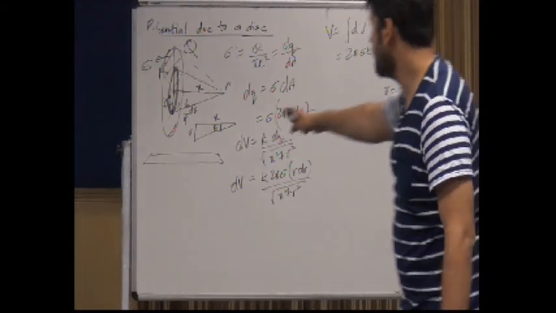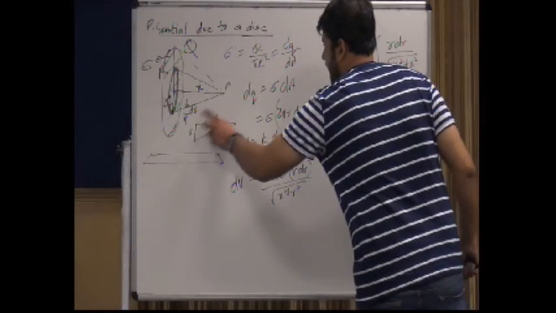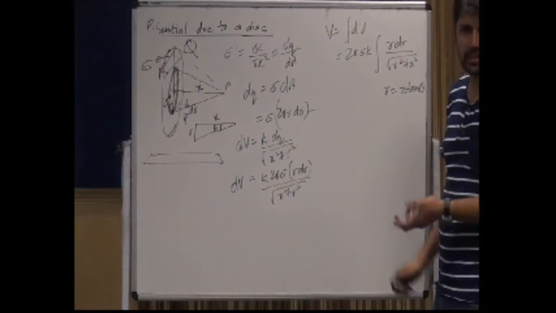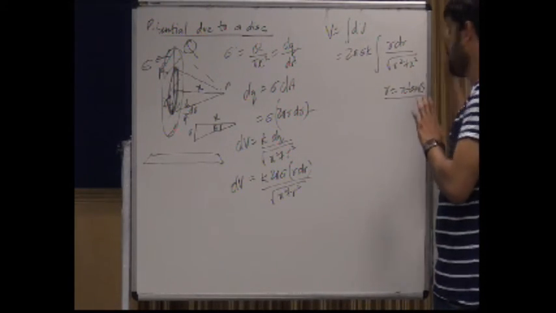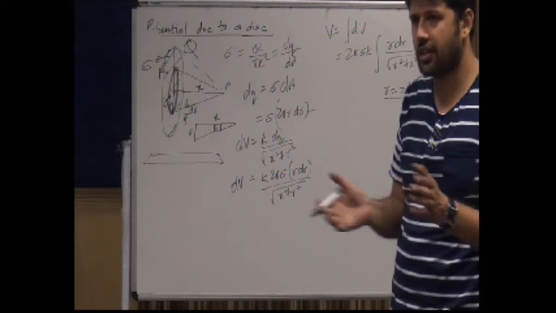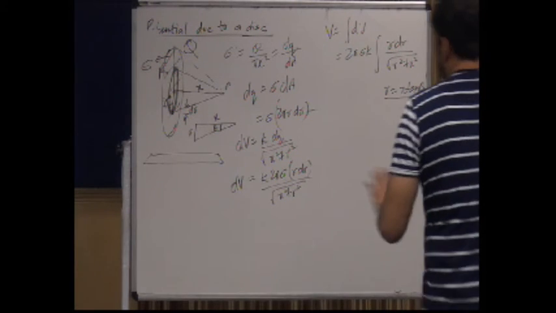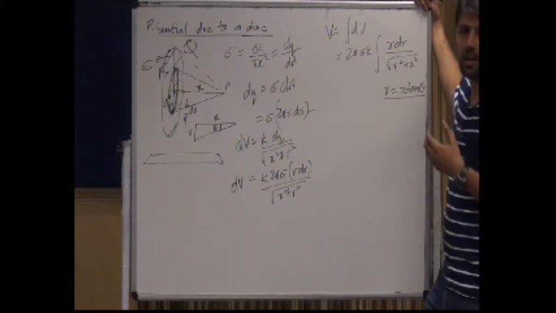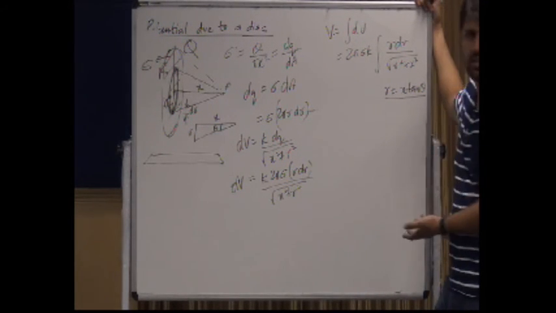In this triangle you can see that r by x would be tan theta, so r would be x tan theta. In physics, it pays a lot if you identify the triangle as well.